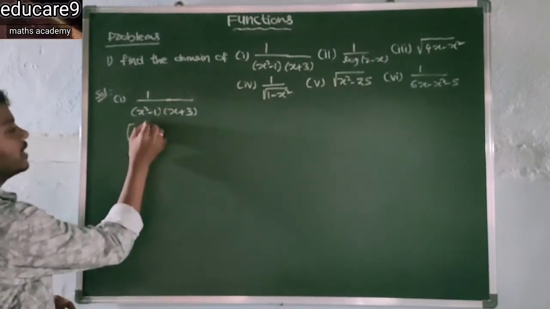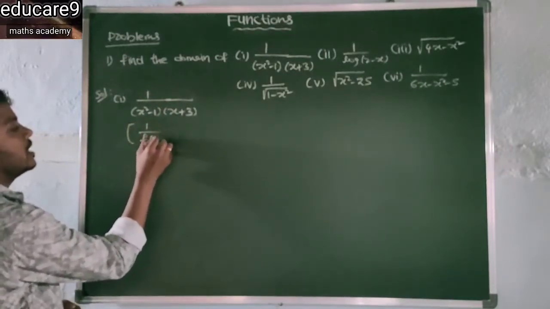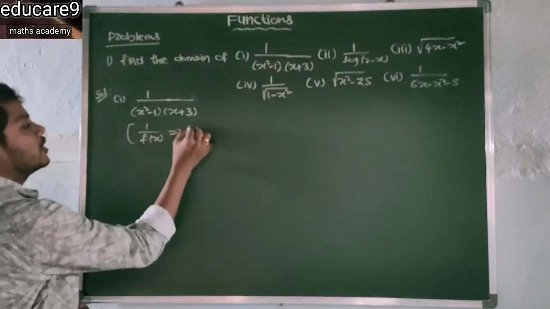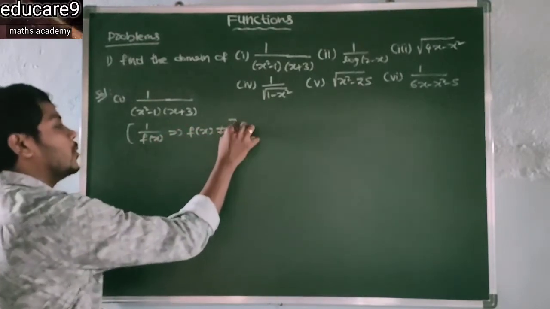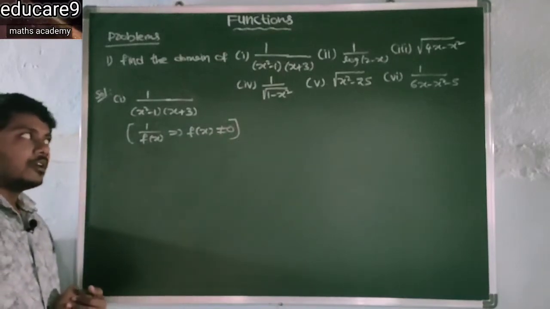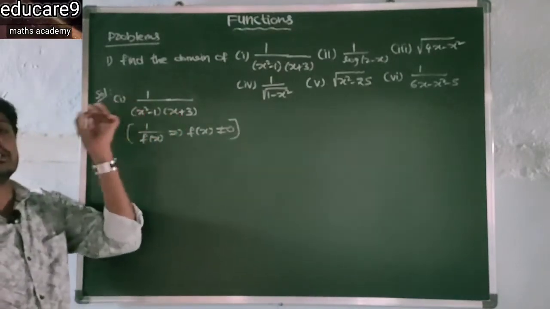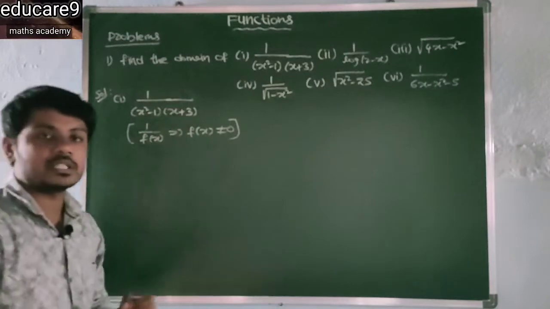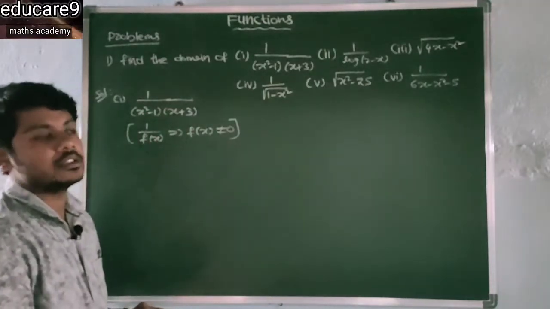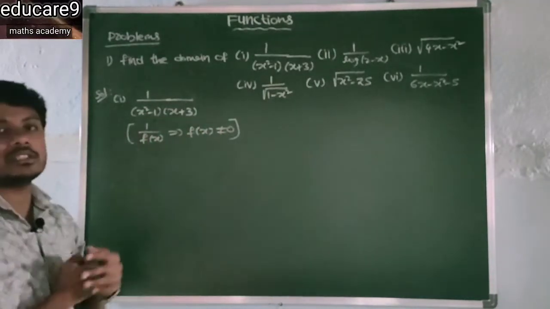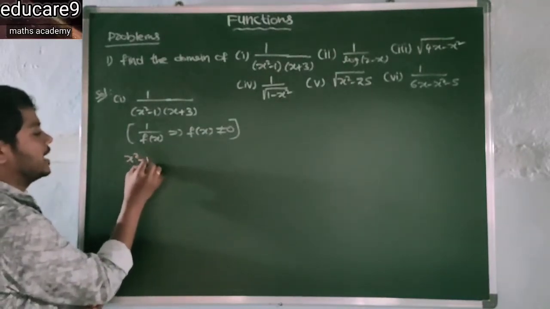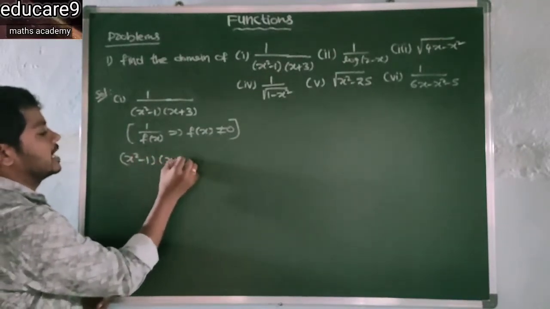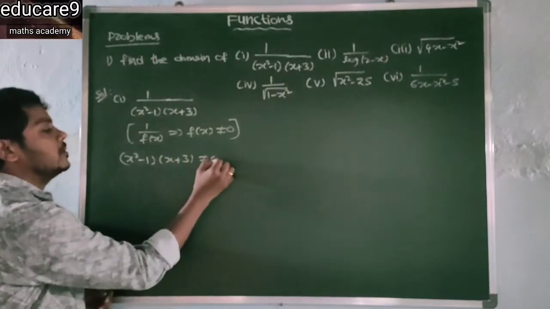If 1 by f of x is there, you have to write denominator is not equal to 0, because if denominator is 0, in that case the given function is not defined. So x square minus 1 into x plus 3 is not equal to 0.